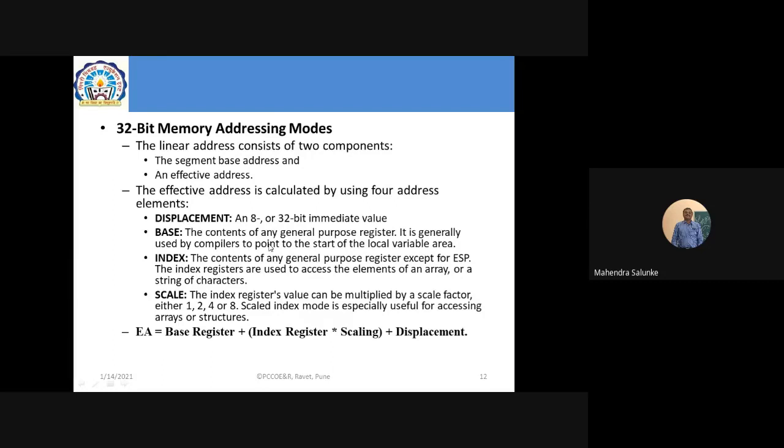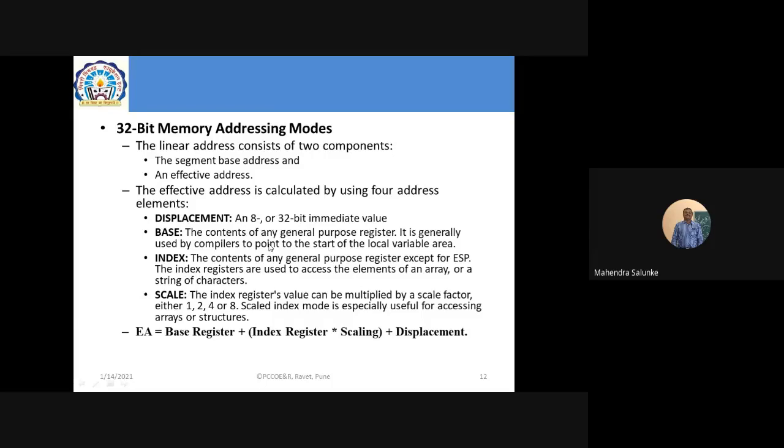In the earlier diagram I told you, the segment base address points to the start of the segment in which we want to access the data, and the effective address or the offset will be the exact location within that particular segment. It is exactly the indexing, pointing to the specific operand within that particular segment.